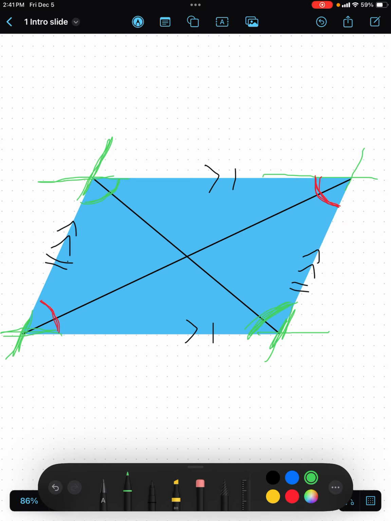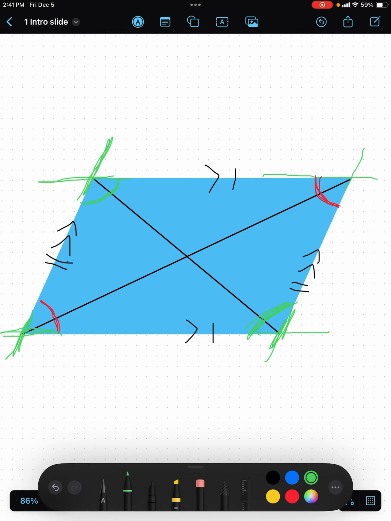Now you also see the diagonals connecting opposite corners, opposite angles, those lines that go through the shape. And those are not the same length, because it's a leaning shape. You can see it's kind of leaning to the right. So the distance from bottom left to top right is longer in this shape than the one from top left to bottom right.